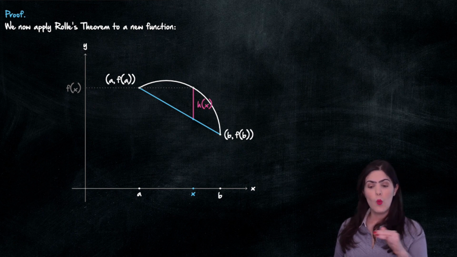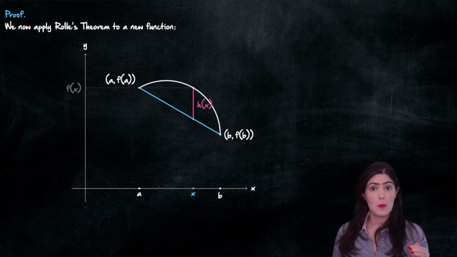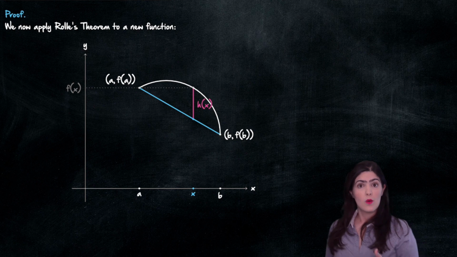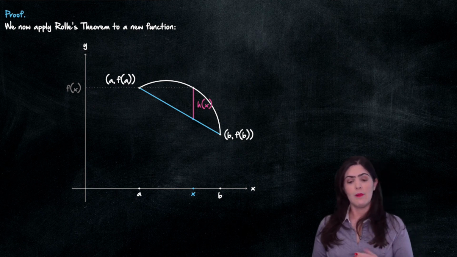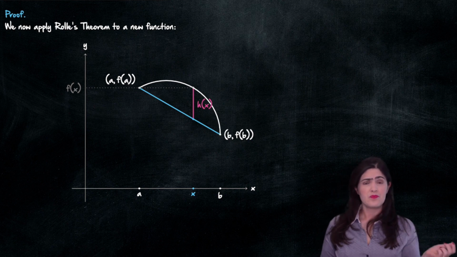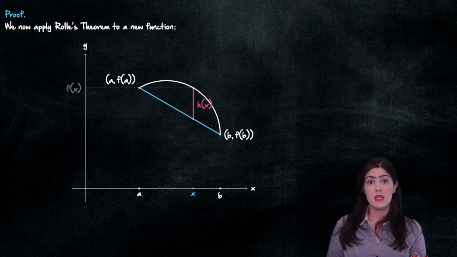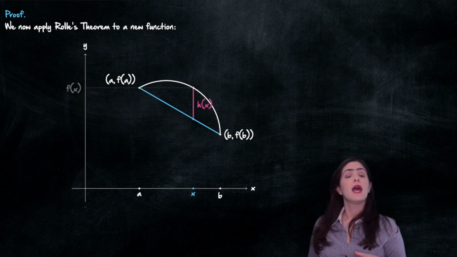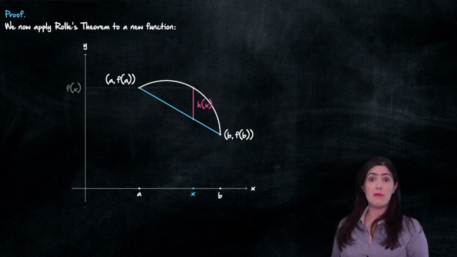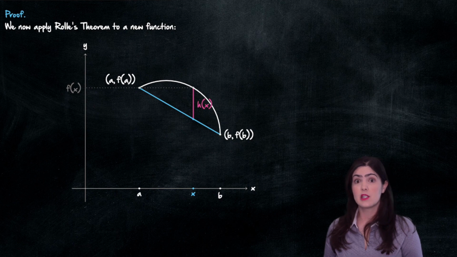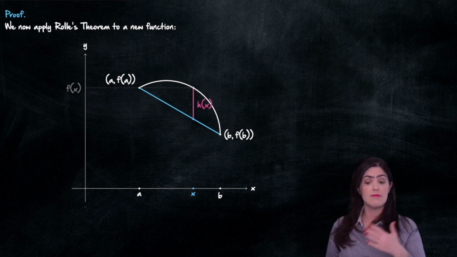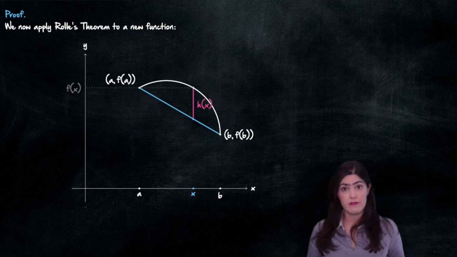And then, what can I say about my line at x? What is the y corresponding to that x on my blue line? Well, it's a line that passes through the point (a, f(a)), and we can compute the slope of this line quite easily. The slope would be (f(b) minus f(a)) over (b minus a).